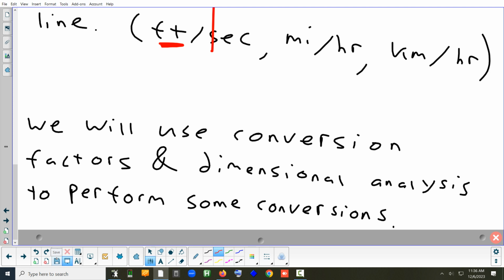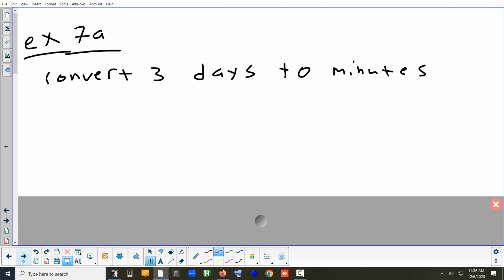All right, so let's try some conversions. The first one is just a straight conversion. It's not a rate, it's just a time. So 3 days to minutes. Whatever I'm converting, I always make sure it's a fraction, and I convert one unit at a time.